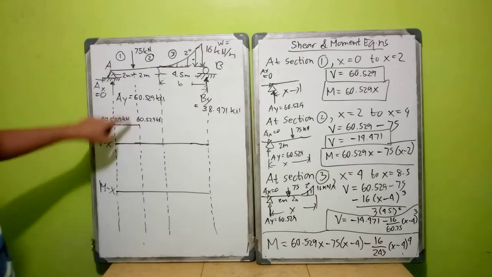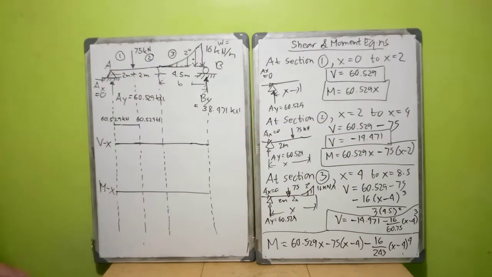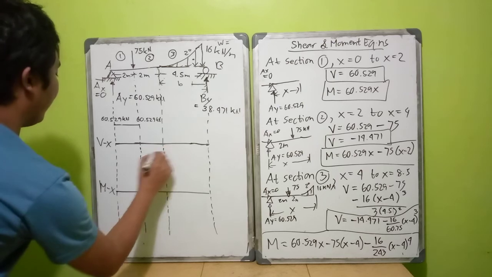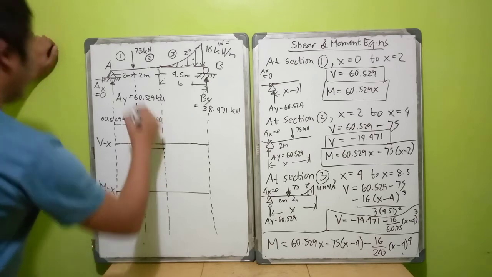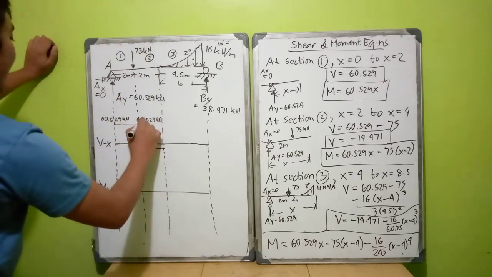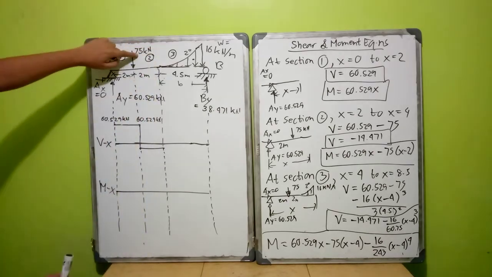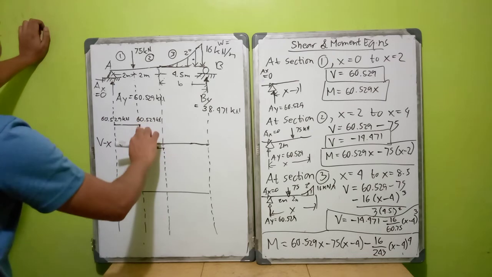And then at x equals 2 to x equals 4, it suddenly became negative 14.471. So let us assume that the negative 14.471 is here, and then until here. So there is a direct downward movement because of this 75 kilonewton force, which acts downward.